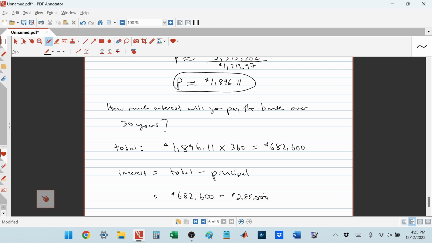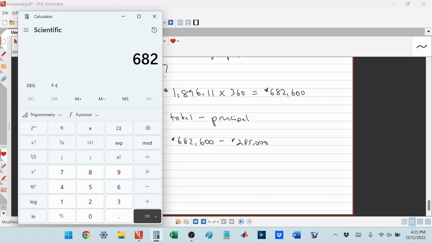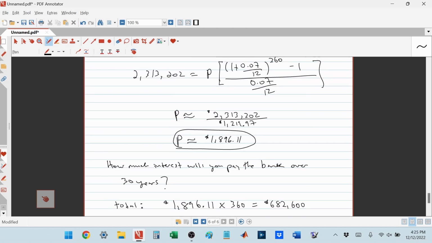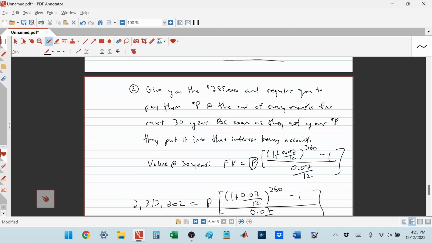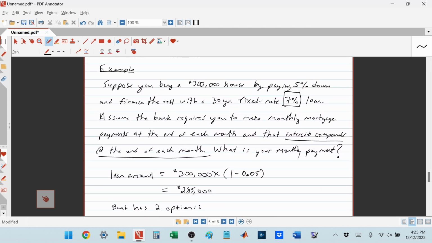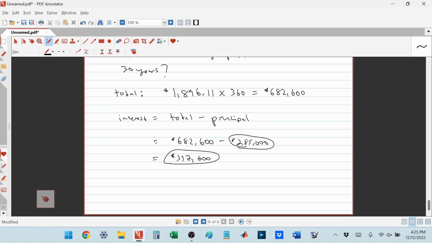So you must have paid this much interest over that 30-year period: $397,600. You paid more interest than you paid principal. And the reason is the interest rate is so high. When you're in a regime where interest rates are really high, like we are now, you're going to be paying lots of interest.